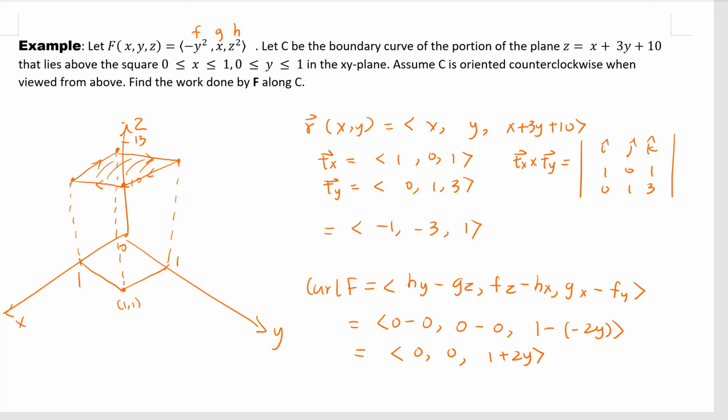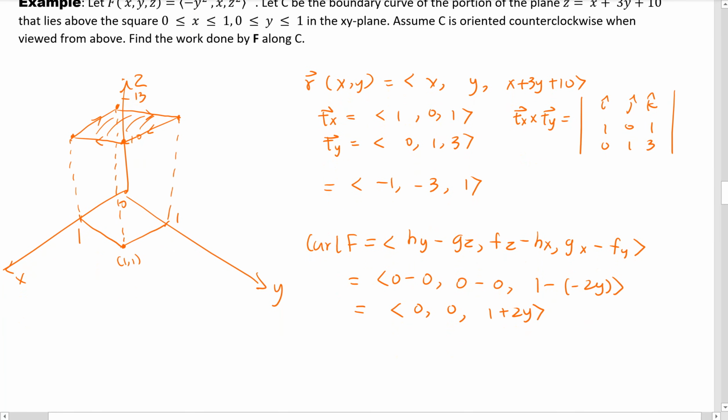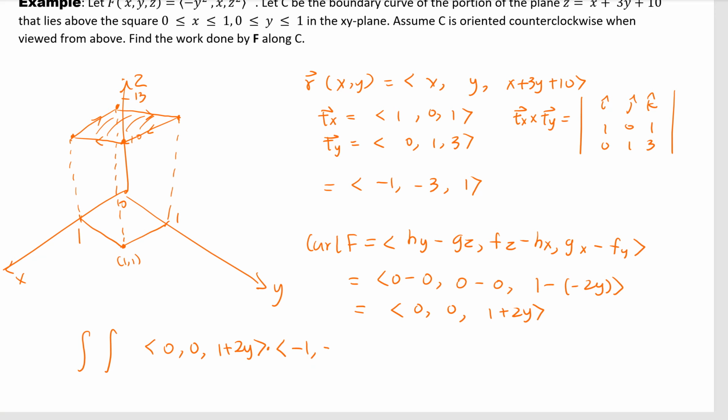Alright, and then let's continue. Okay, so we compute the surface integral. We have this curl, (0, 0, 1 plus 2y), dot product with (-1, -3, 1).